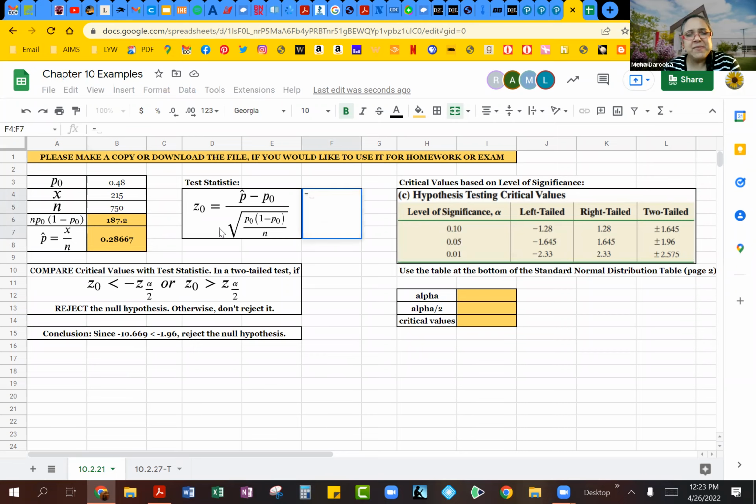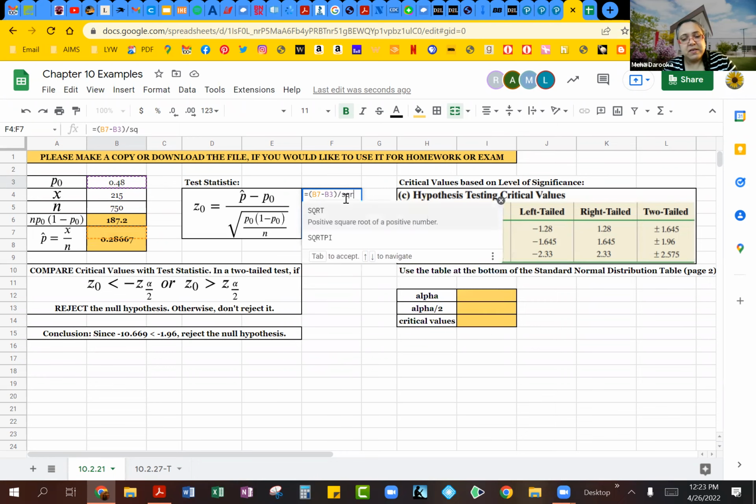So for the Z sub 0 or test statistic, we have P hat, the number we just calculated, and then we are subtracting from that the original probability of 48%. And I'm going to put this in parentheses since you have a subtraction on the numerator, and then divide this by the square root of the bottom.